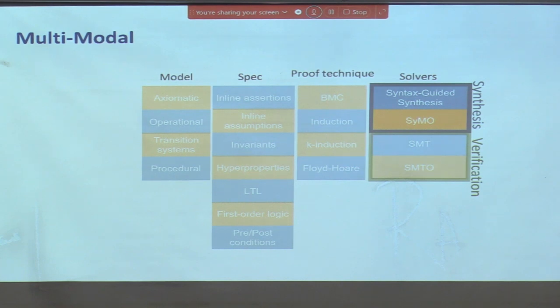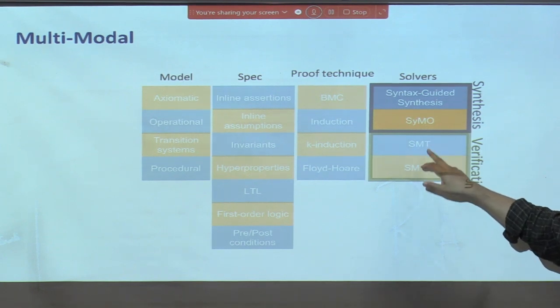But there are some problems where encoding something in logic might be undesirable. For example, I'm verifying a program that uses a library, and that library is too messy for me to encode into logic. But I would just like to treat that library as an oracle and invoke the oracle in an on-demand fashion from within the solver to build a model that will allow me to prove or disprove the property. Right? So this is what this is.